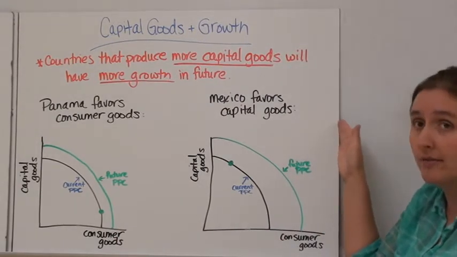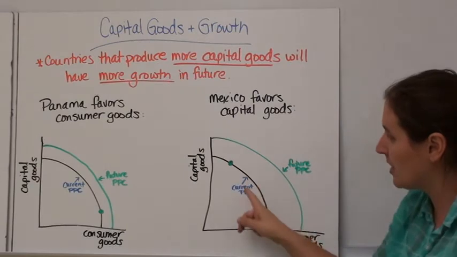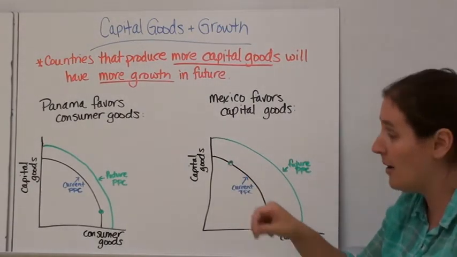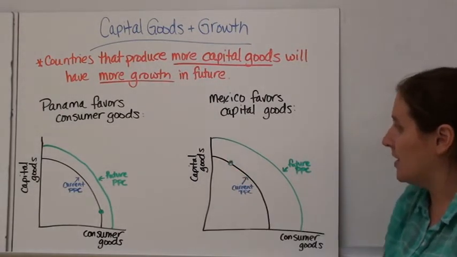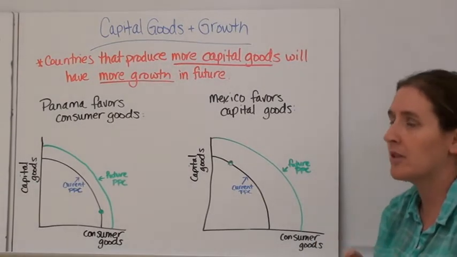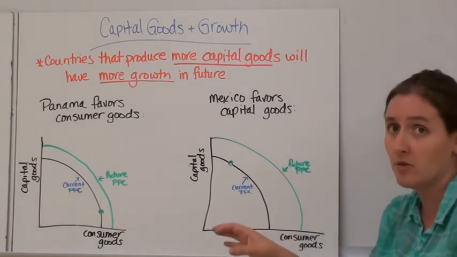Let's say Mexico favors making capital goods. So here's the original PPC. Their production is right here, let's say, in the more capital goods side. They're making more tractors and more plows and more computers and more things to help them make more consumer goods in the future.